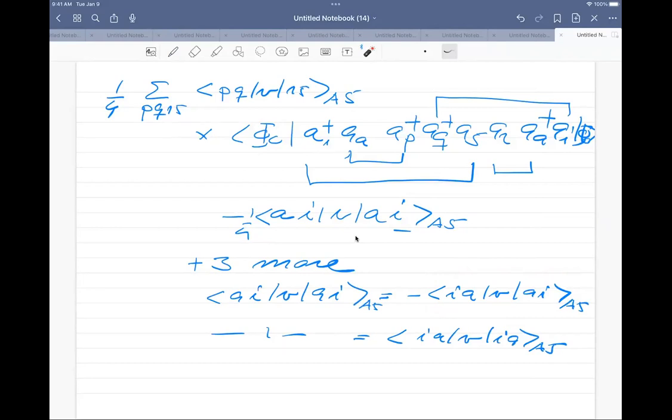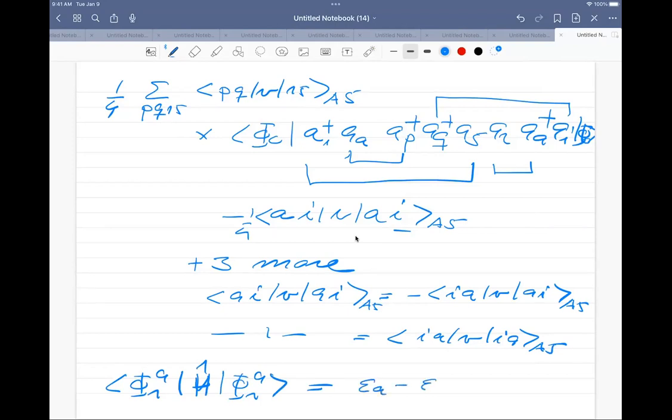So that means that when I collect everything here, I'm going to get an expectation value for this term here, phi A of A, and where I have my Hamiltonian H of phi IA, which then will be given by the following expression. So I have epsilon A minus epsilon I. These are the so-called non-interacting single particle energies.